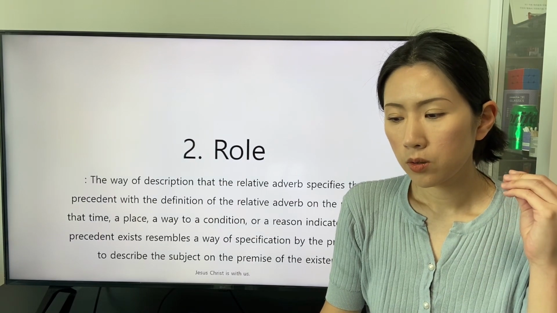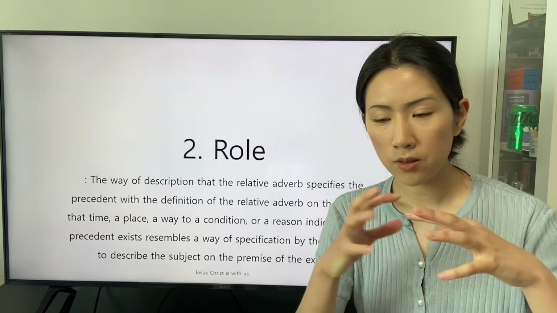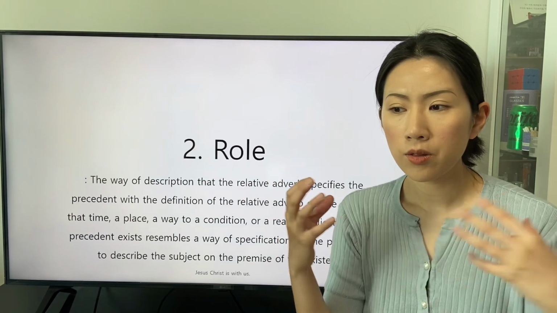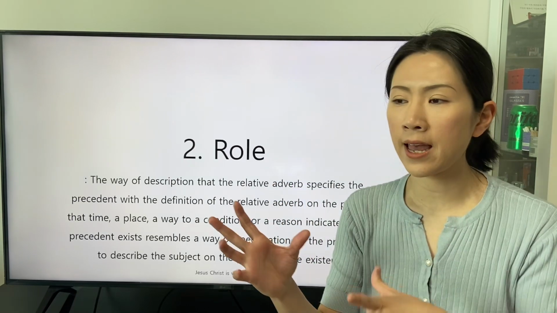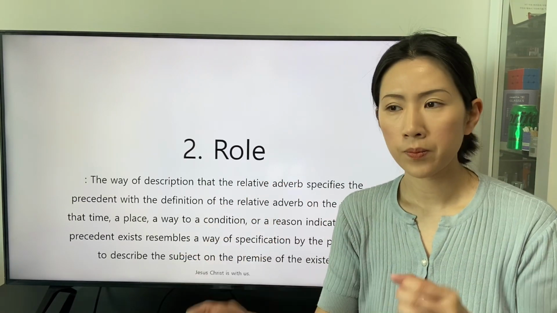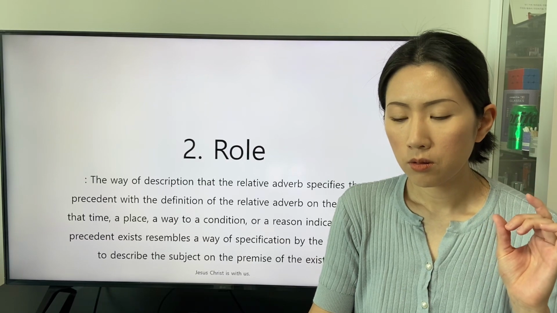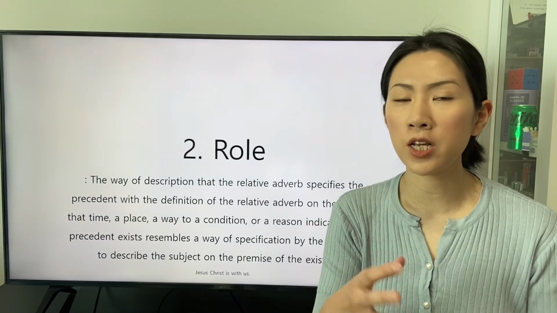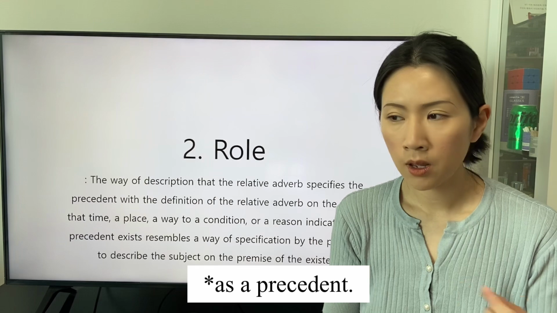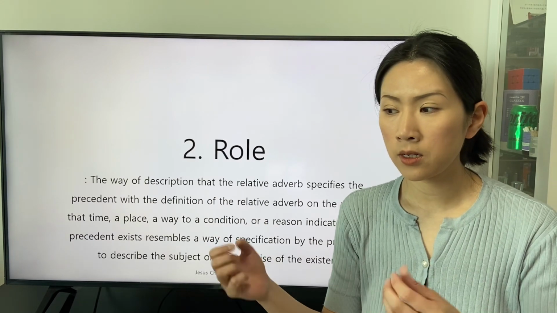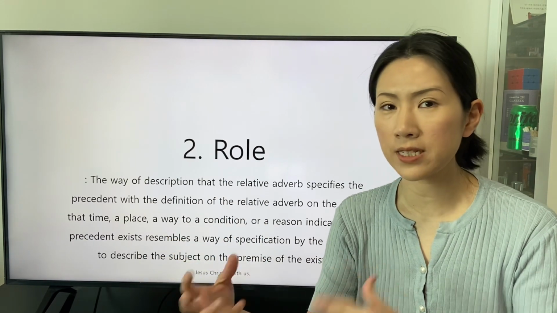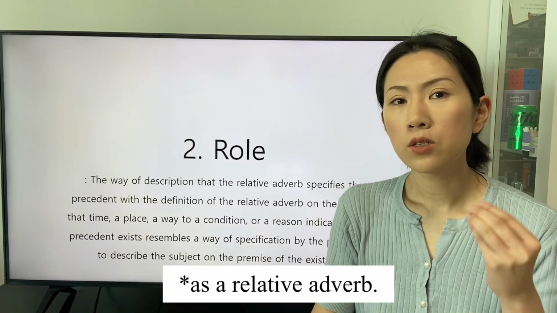So we can find this relationship between the subject of the preposition and the preposition. The subject of the preposition is also an indication, and the preposition is also classified as an adverb.